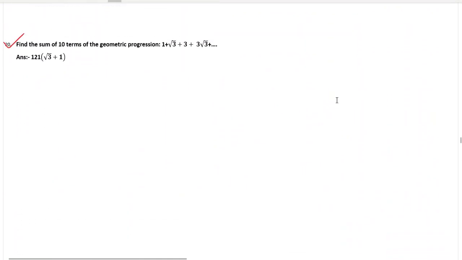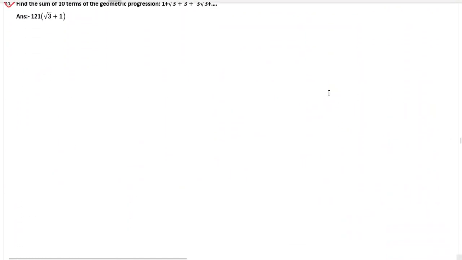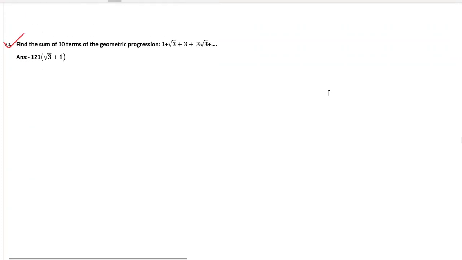Find the sum of 10 terms of a geometric progression 1 plus root 3 plus 3 plus 3 root 3 and so on. Can you tell me what is the first term over here? 1. What is the common ratio? Okay, first let's convert this sequence into a series: 1, root 3, 3, 3 root 3 and so on, right?